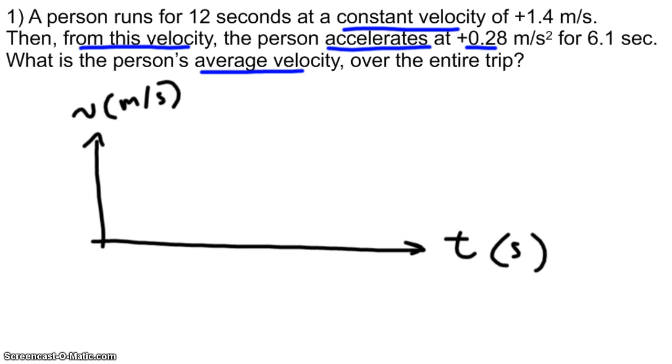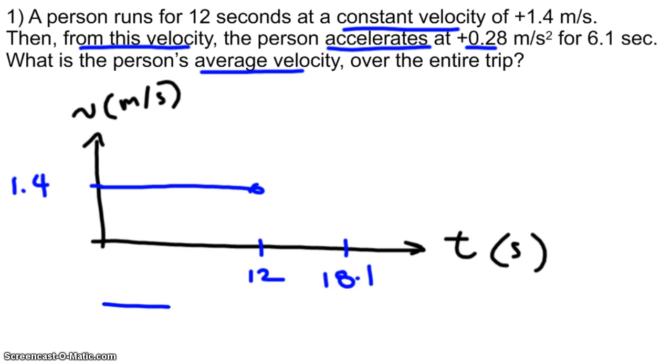She starts at time zero when you hit the stopwatch and you say go and watch her run. She starts out with a velocity of 1.4 and she keeps that same velocity for 12 seconds. So for the whole 12 seconds she has the same 1.4. Then, over the next 6.1 seconds, so after a total time of 18.1 has passed, from 12 to 18.1, she accelerates.